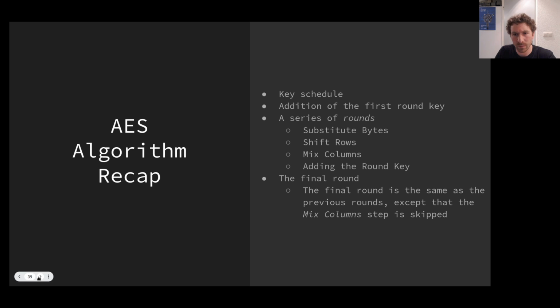And then this is the algorithm recap again. We expand those keys, we add that very first key to the plain text block, and then we do our rounds. We substitute the bytes, we shift the rows, we mix the columns using our Galois field and our matrix multiplication, and then we add that round key, just XORing the round key that we generated in the key schedule.